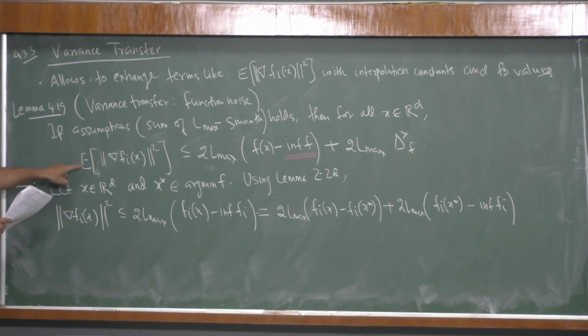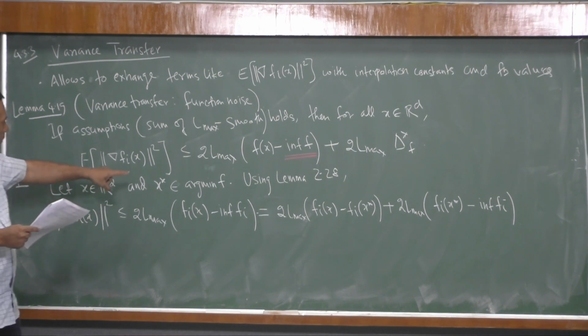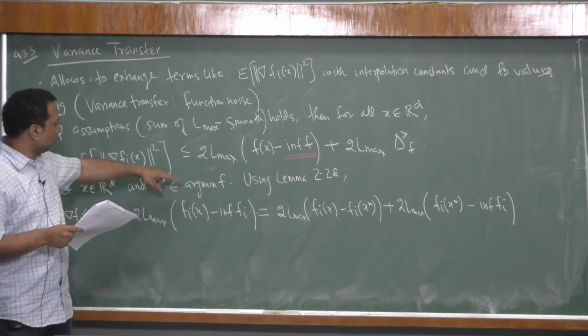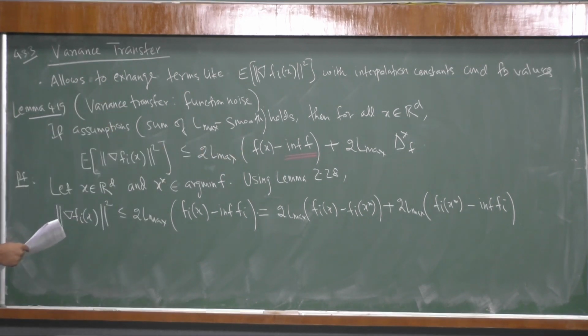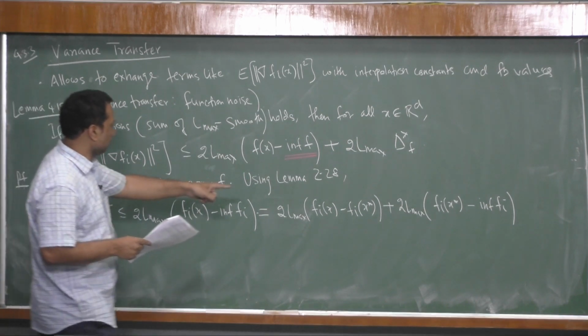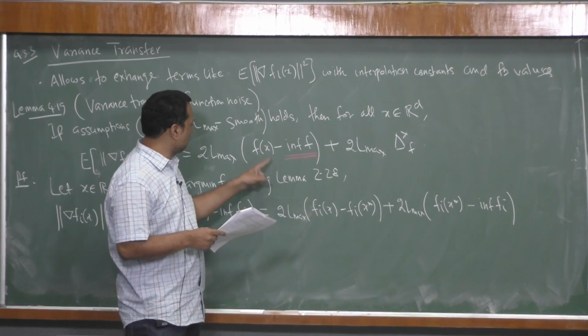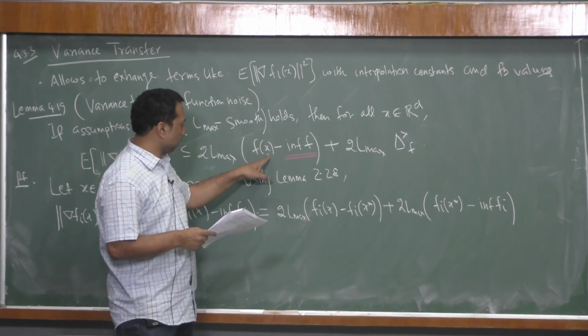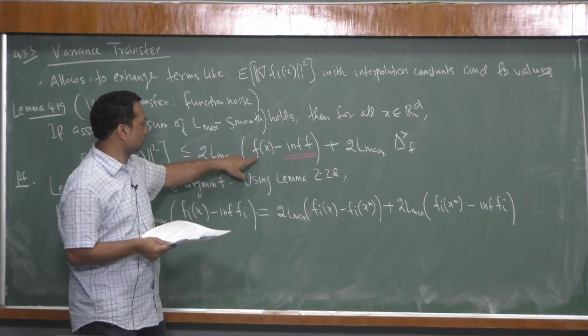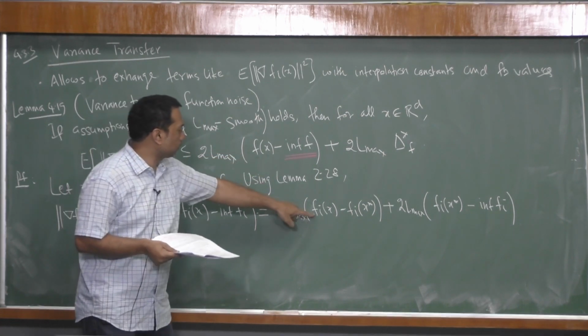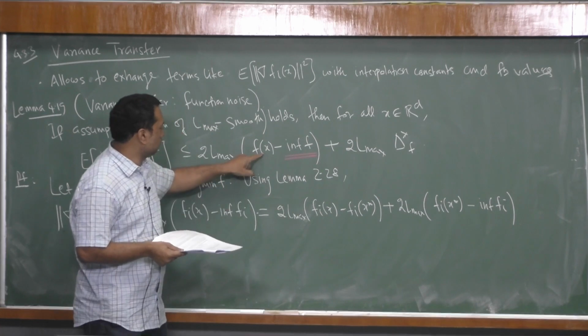On the left hand side we are sure that this term is okay. If I take an expectation, it seems to be the way that we want. So if we take expectation here, the expectation of this will give you f(x), because f(x) is indeed the average of f_i, 1 by n sum of f_i.